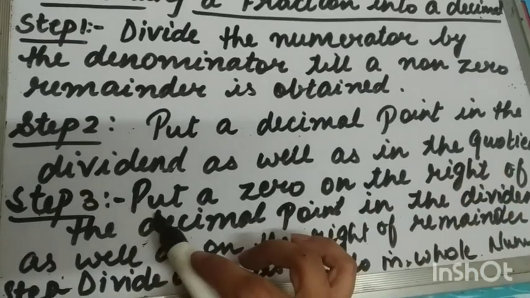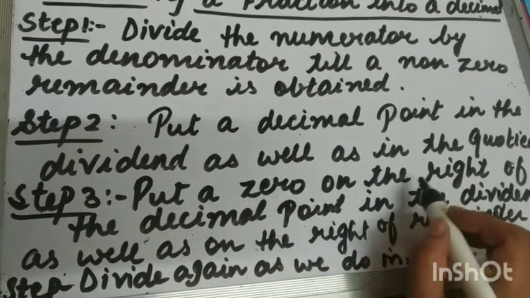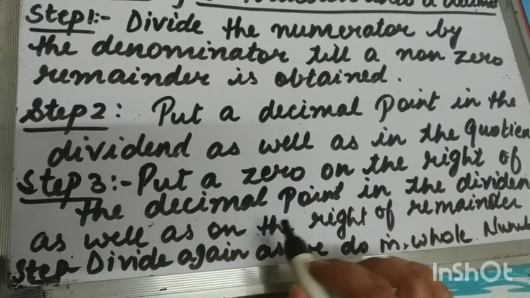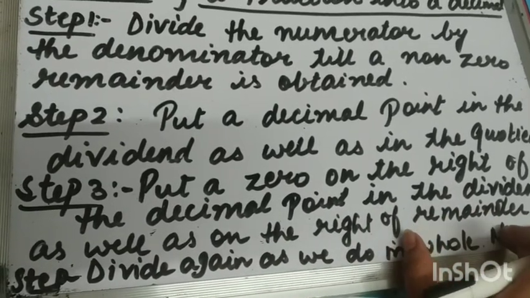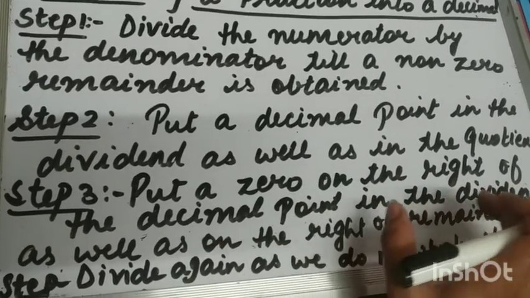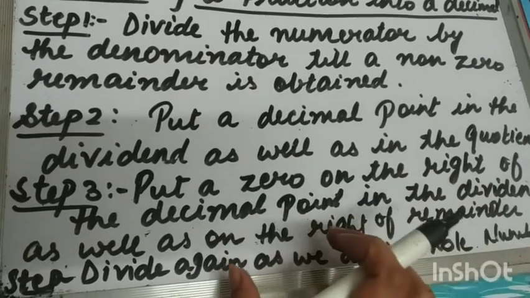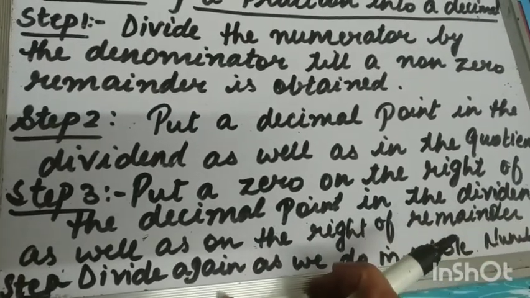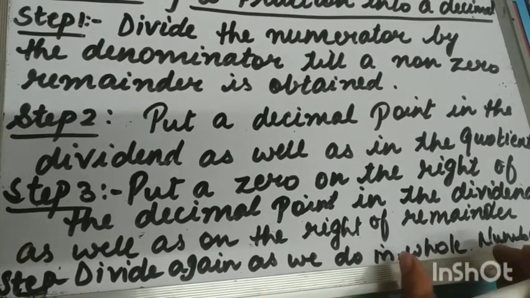And in the next step we put a 0 on the right of the decimal point in the dividend as well as on the right of the remainder, and after that divide again as we do in the whole numbers.